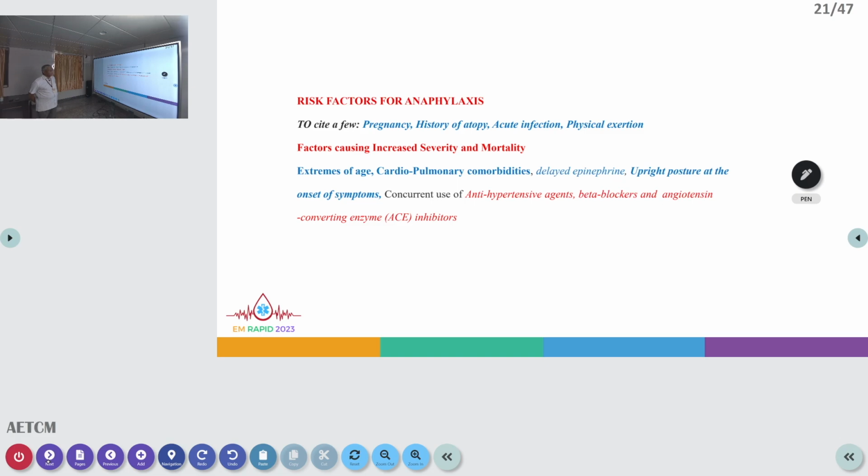Any delay in the administration of epinephrine will also cause increased severity and mortality. When anaphylaxis occurs while the person is in an upright posture, there will be severe symptoms and high mortality. Concurrent use of antihypertensive agents, beta blockers, and angiotensin converting enzyme inhibitors will also increase the severity and mortality.